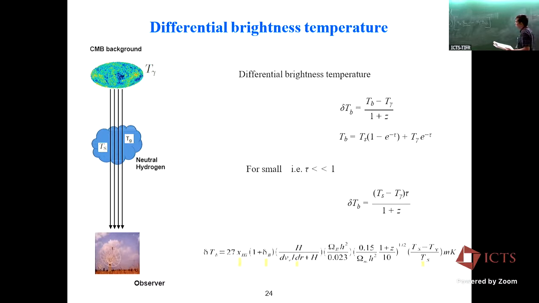I'm not deriving this equation in detail, but one can always write tau as this, 3c cube.